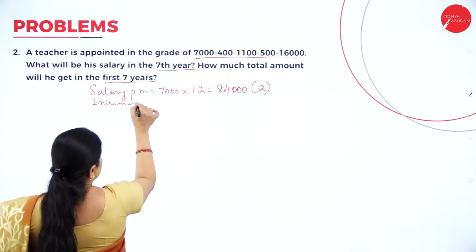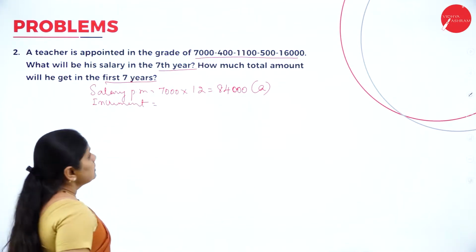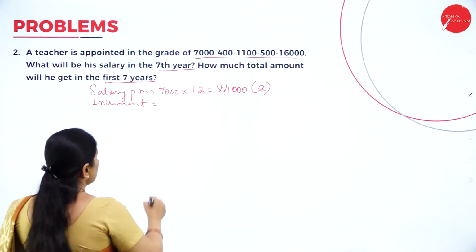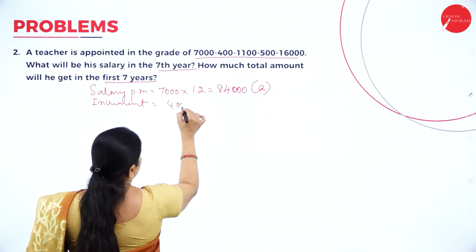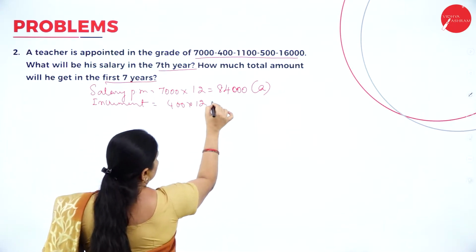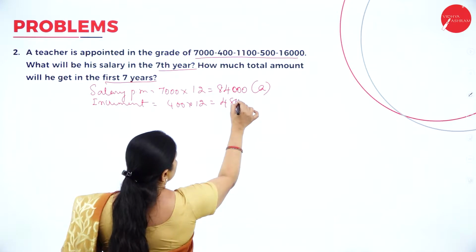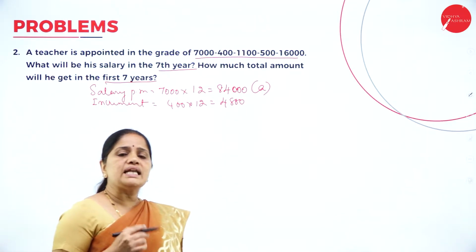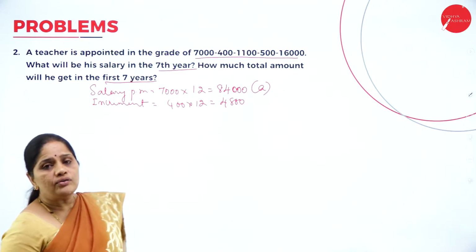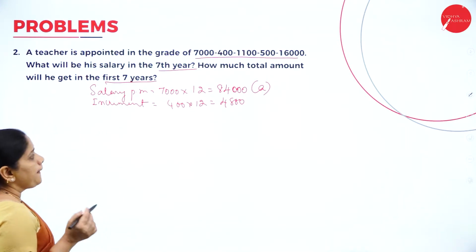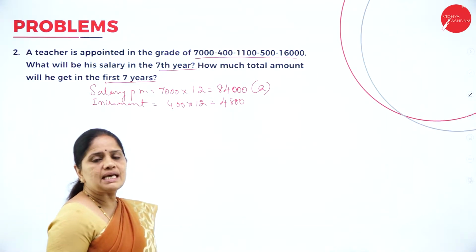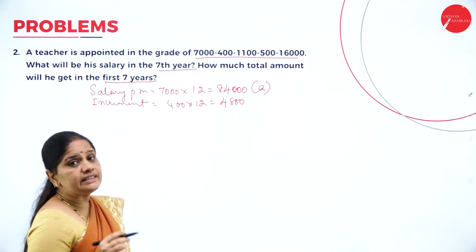He has an increment of 400 rupees. So, 400 into 12, that is 4,800. So, in the first year, he gets an increase of salary up to 4,800. Now, we have to calculate what is the salary drawn in the 7th year.